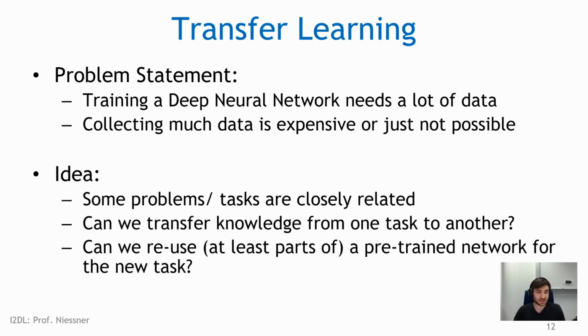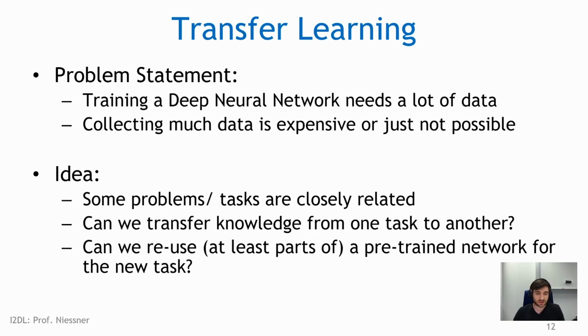The idea is that we try to learn on similar problems or tasks which are closely related to the problems we are facing. Then we want to transfer the knowledge trained in one neural network to the task of another network.